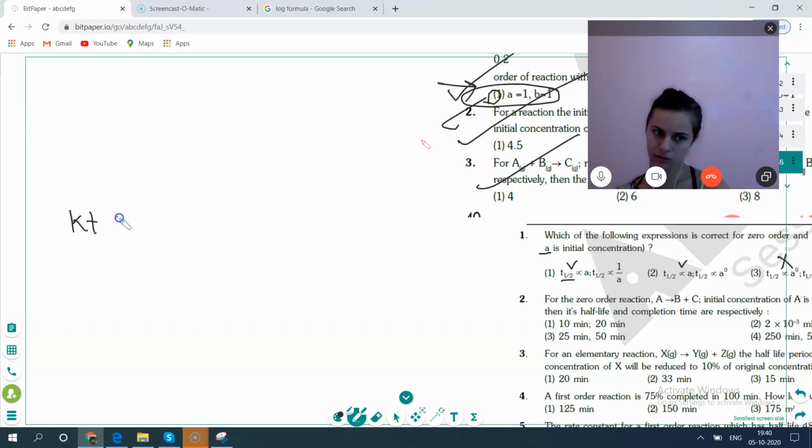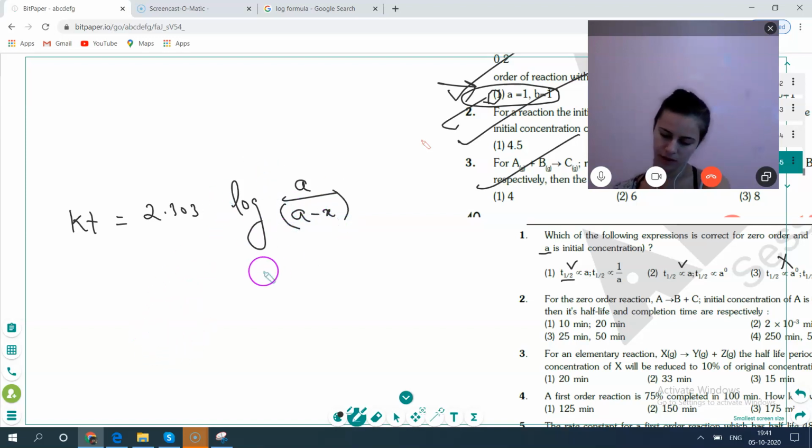kt is equal to how much we have derived? kt is 2.303 log10 of A divided by A minus x.